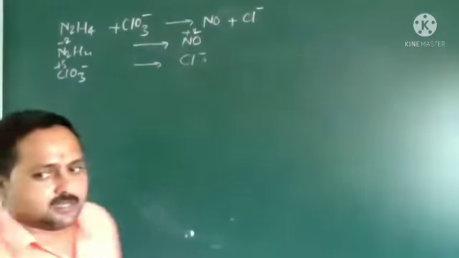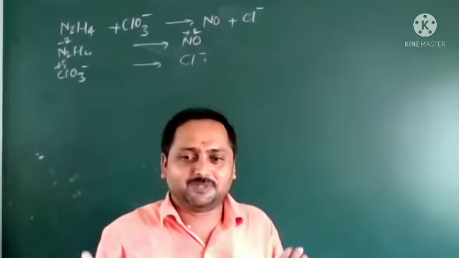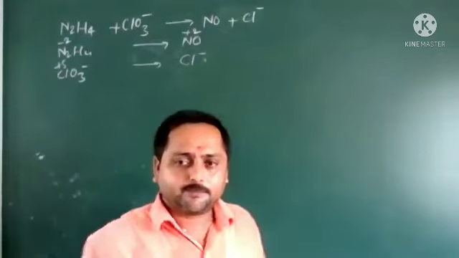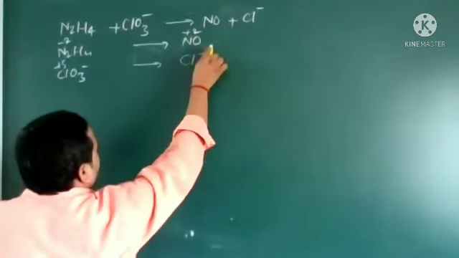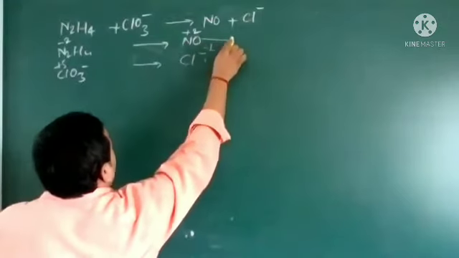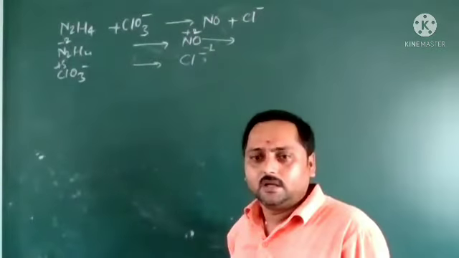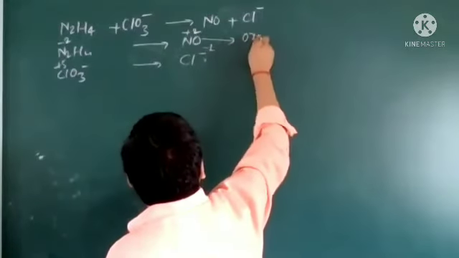Many students are thinking that our cell is directly right. So don't be tense about that. If you practice, you will also be able to write directly. Here, -2 going to +2. The oxidation number is increasing, so this is oxidation.